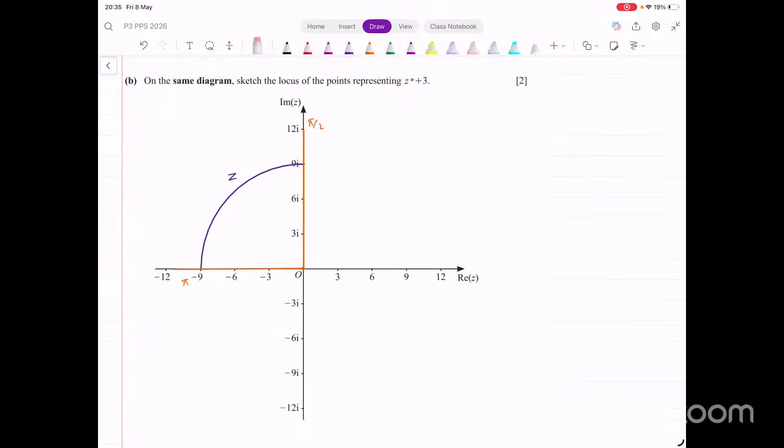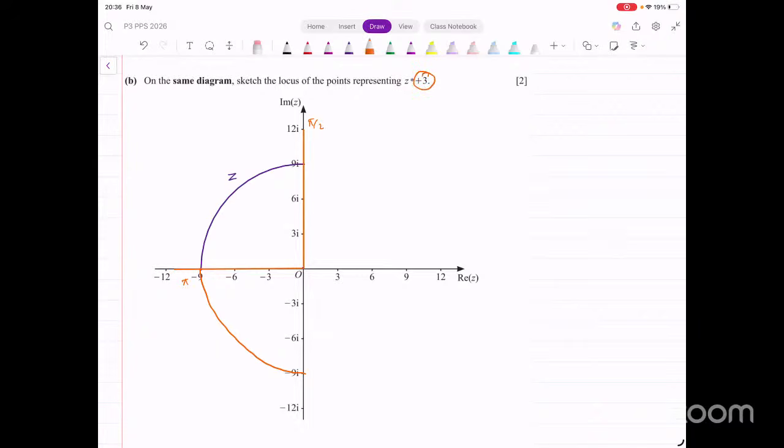So if we were just thinking about z conjugate, that would look like this. That will be an arc like this. This would be z conjugate. It will be the reflection of that in the x-axis. However, we also have a plus 3 there. What do we do about that? Plus 3 means in the real part, we are adding 3.